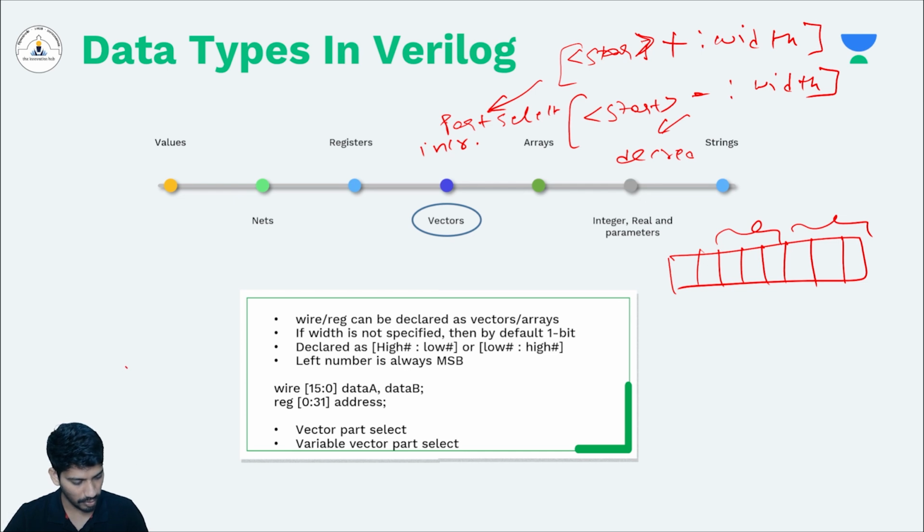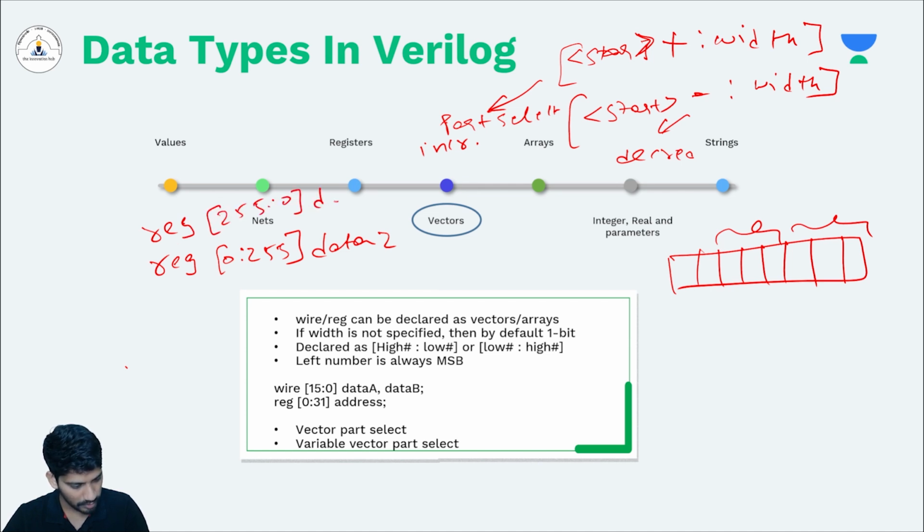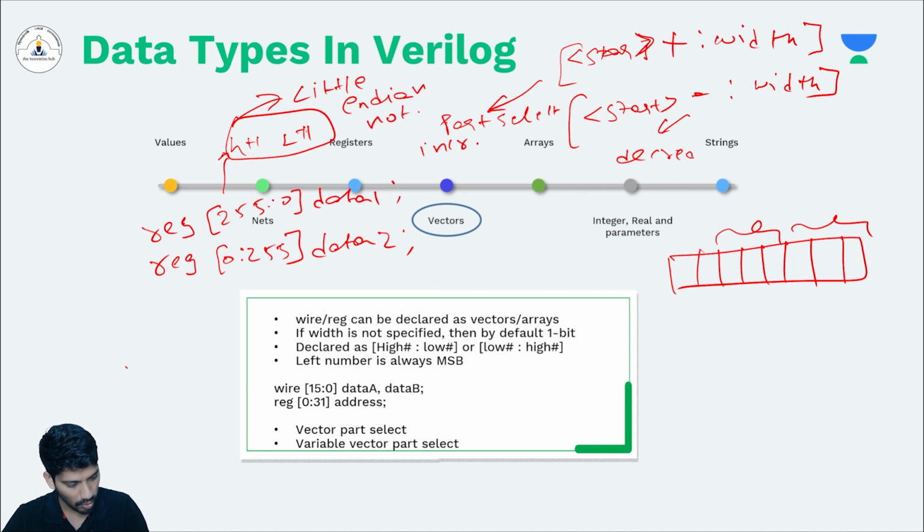So let's take an example like this. I have a register of 256 bit, and I have a register of again 256 bit. You see the difference between these two registers: this one is high number to low number, which we call little endian notation, because the low number is ending at the right hand side.